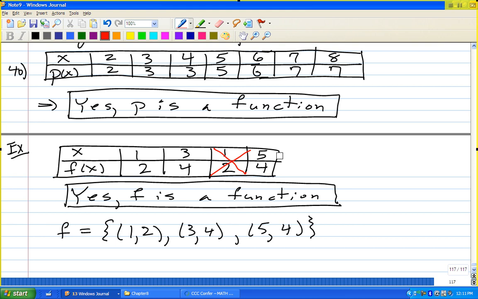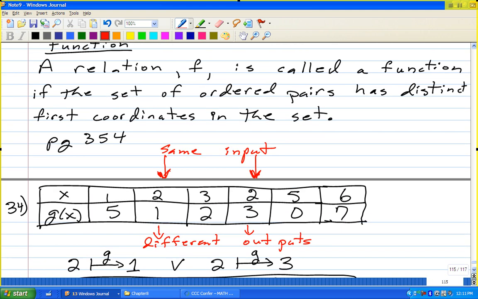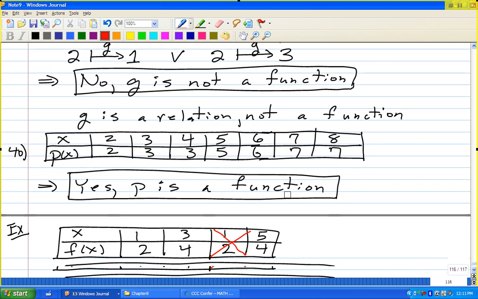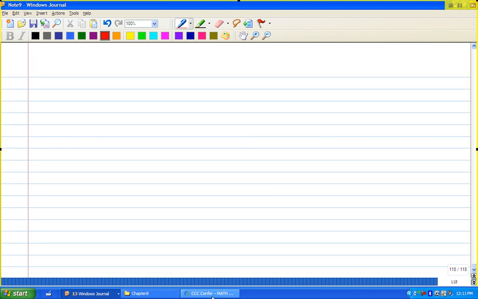And so I have to modify what I said: yes, the first coordinates are different and distinct, but you have to get rid of any duplicates because you're writing it as a set. That's why I included that additional statement, in the set. So it's written as a set.